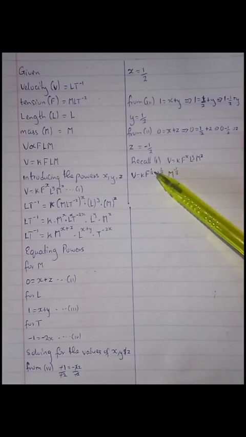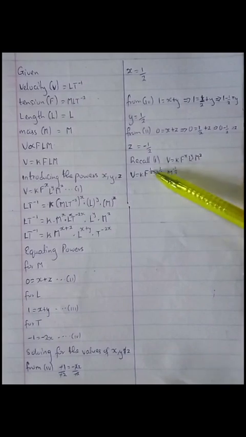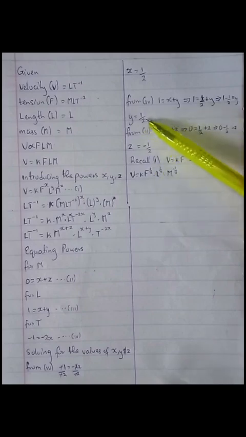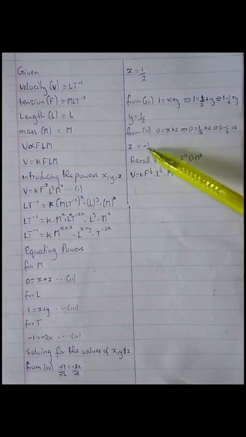We had our x as 1 over 2, which we substitute here, and we have F to the power of 1 over 2, L to the power of y. We had y as 1 over 2, which we have here, and for m we had M to the power of z, and z is negative 1 over 2, which we have here.